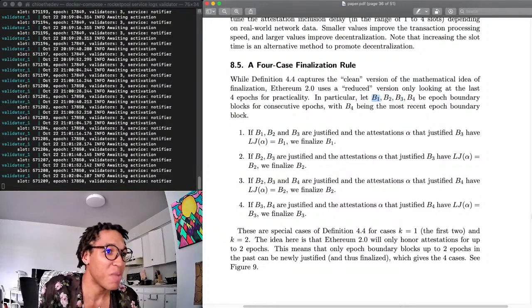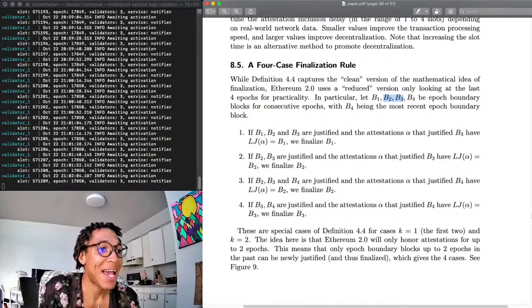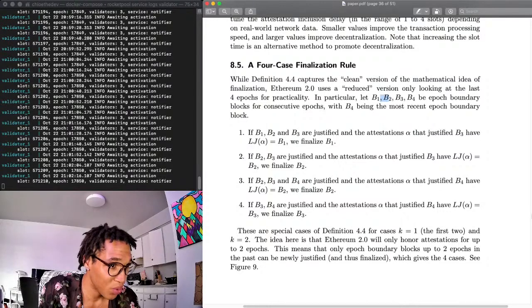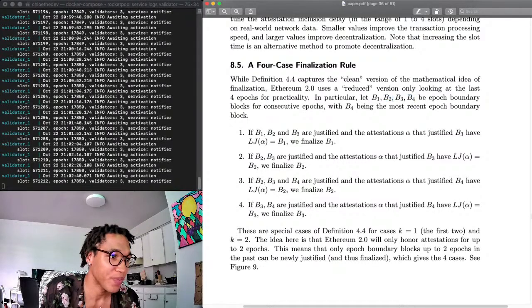If B2 and B3 are justified, and the attestations that justified B3 have justified B2, we finalize B2. If B2, B3, and B4 have been justified, and the attestations that justified B4 have also justified B2, we finalize B2.